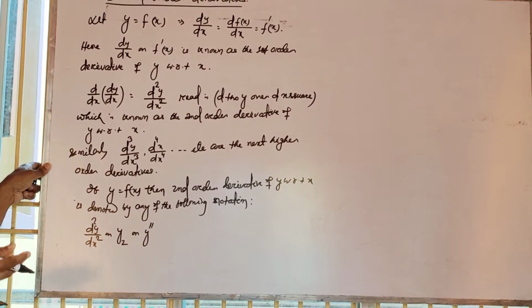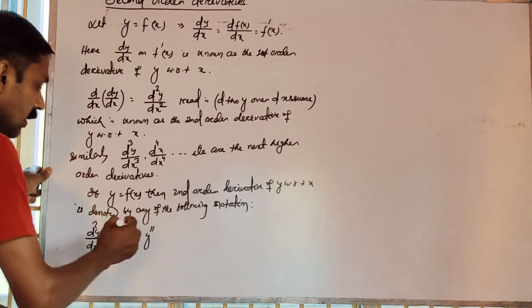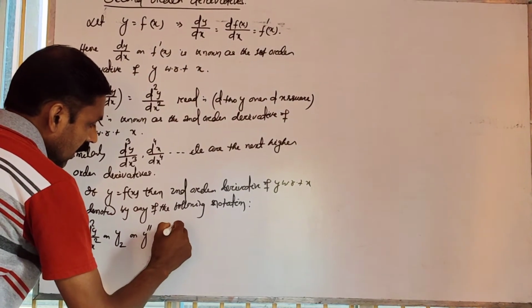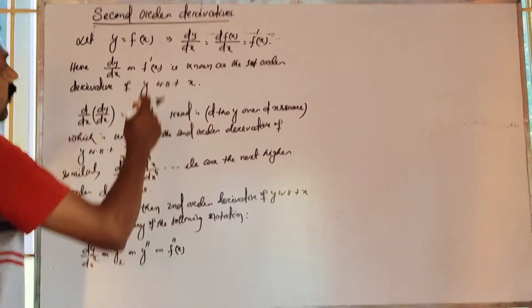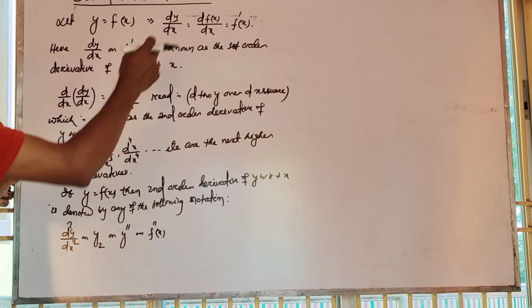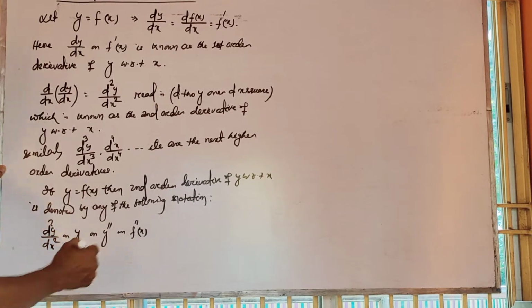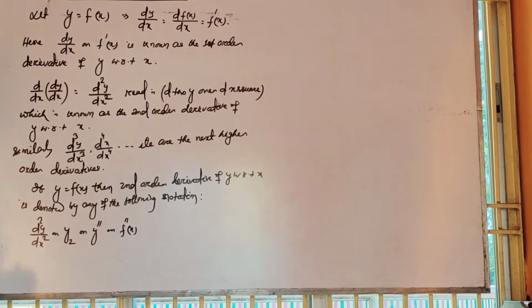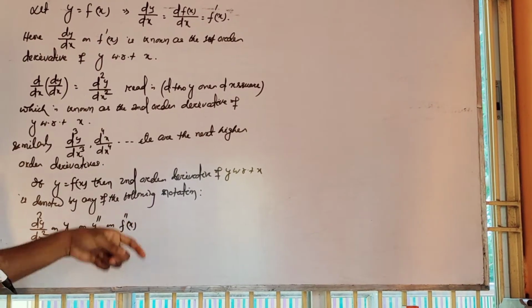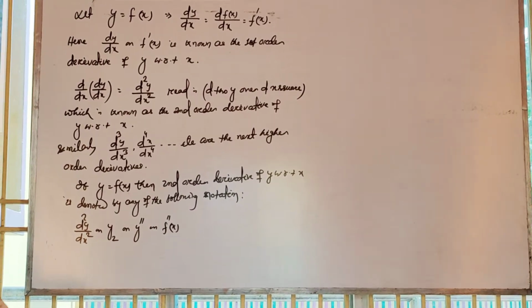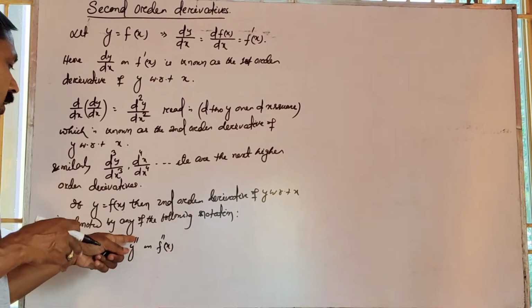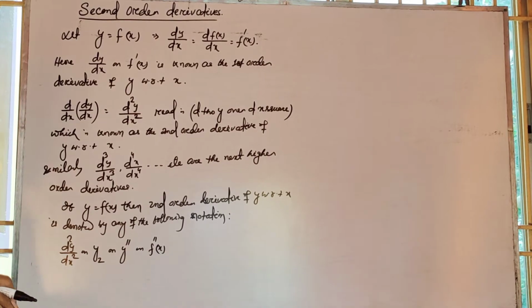Y double dash is also the second order derivative, or f double dash, because y equal to f of x. So it will be f double dash. So we can denote the second order derivative by any of these notations: d2y by dx square or y2 or y double dash or f double dash.